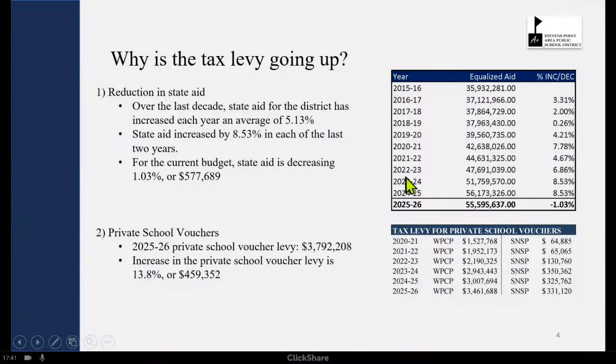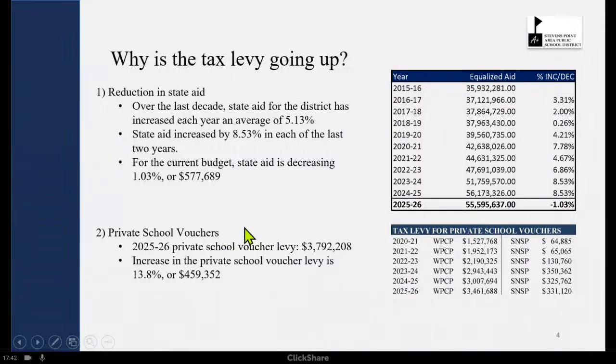And if you really want to think about it, if we would have got an increase like last year's increase of about $4.4 million in state aid, and you combine that with our reduction in state aid and our private school voucher increase, we're talking about $5.4 million.